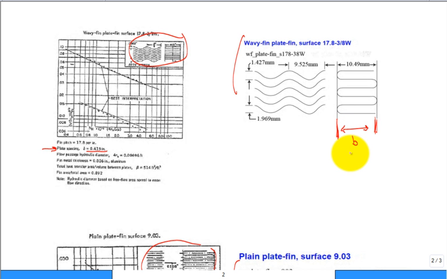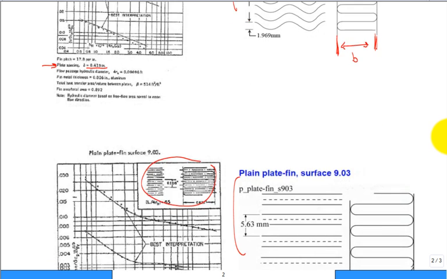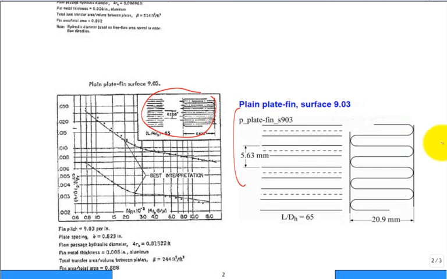Yeah, that's the B. I know this is in millimeters, but if you convert that millimeters to inches, you'll see that that's 0.413 inch. True? And now I need that converted to feet. How about the next one down here for the 9.03 surface? Well, it's 0.823 inch.